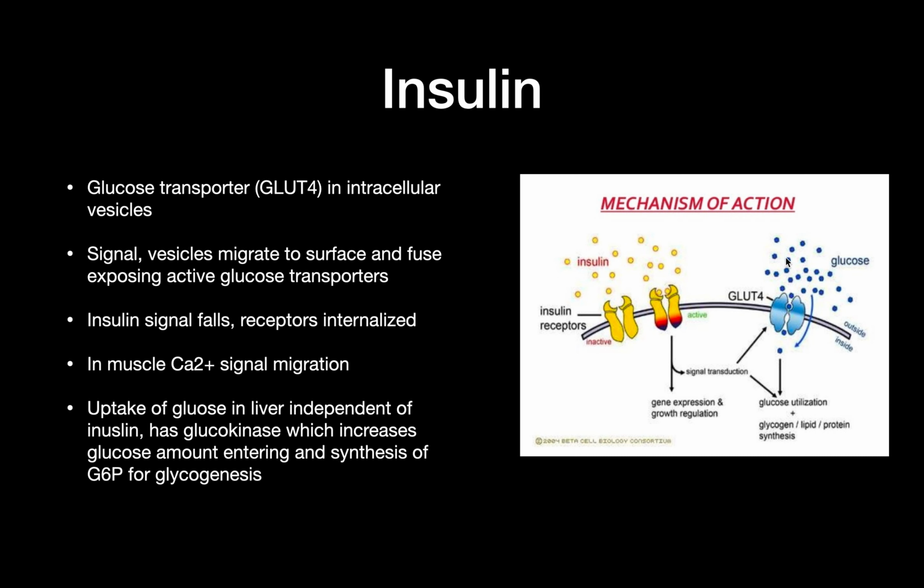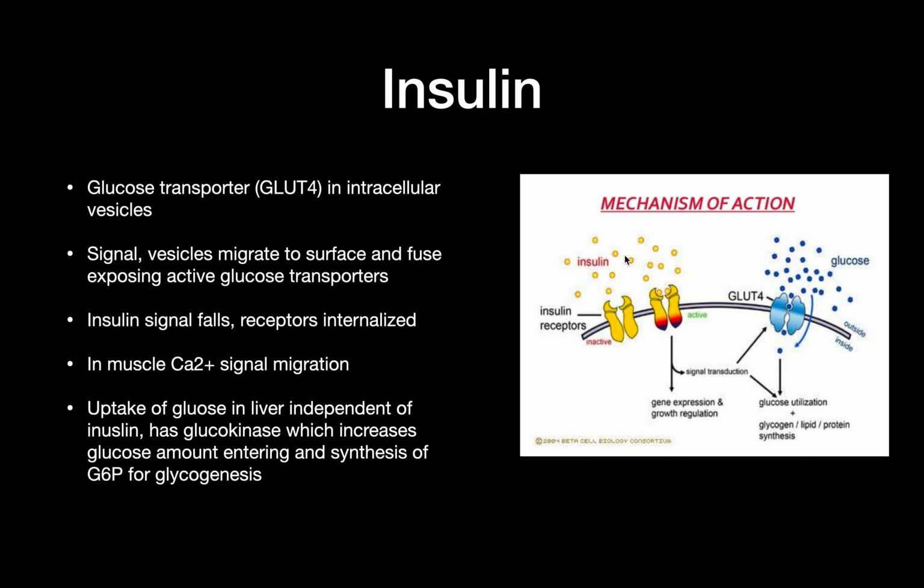It will help the glucose come into the cell, so outside, inside. So go into the cell where glucose can be utilized, or it is stored as glycogen, or used in the synthesis of other things. But that is dependent on the insulin receptors.